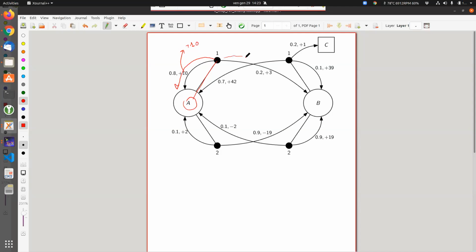For instance, the expected reward here is 0.8 times 10 plus 0.2 times 3. And this is different, of course, from just 10. And sometimes something very different from this expectation can happen. Let's say this is 8.6. Okay, in this case, it's not very different.